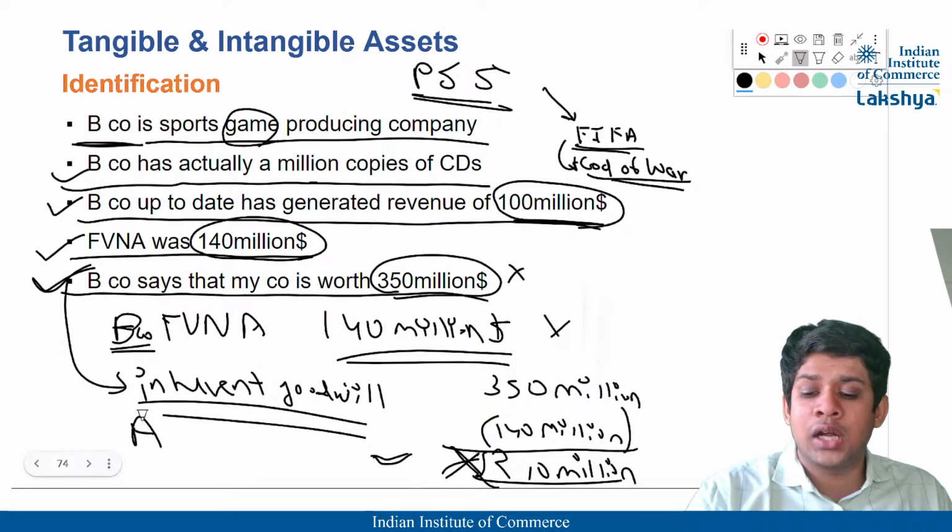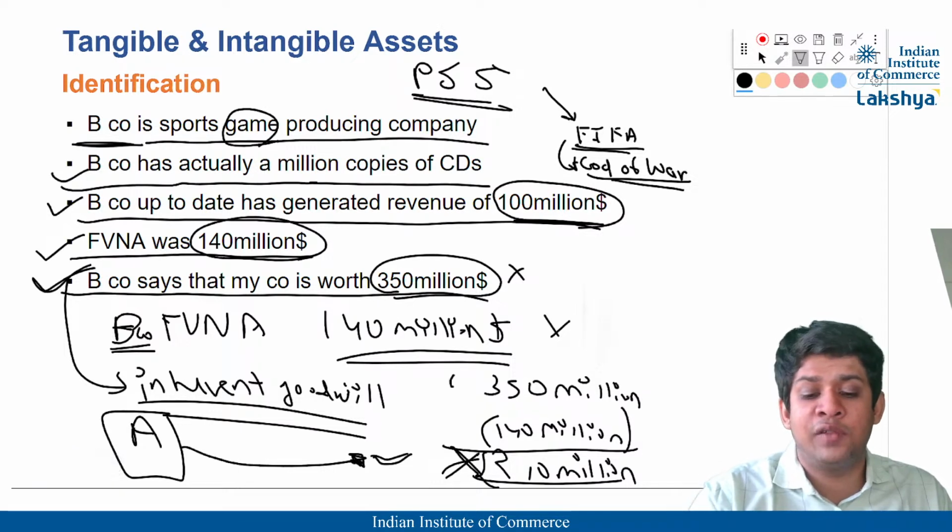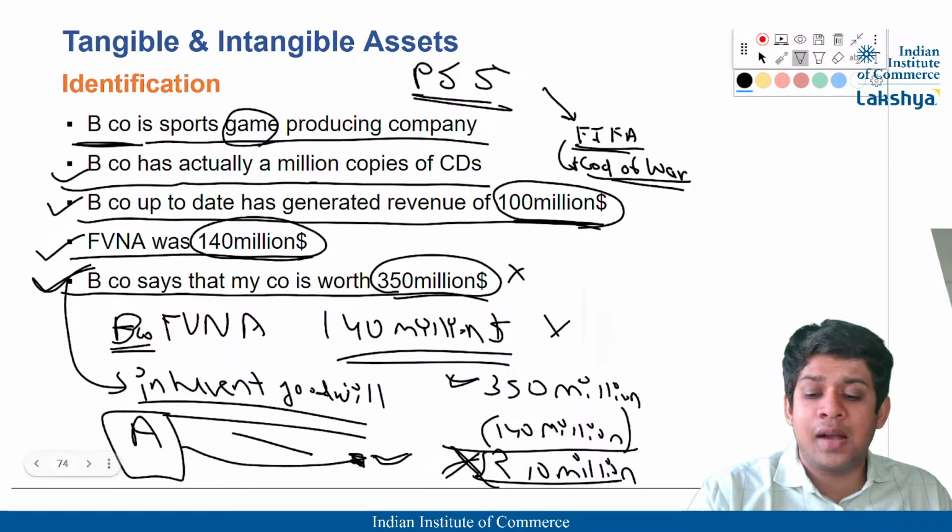Until and unless another company comes into existence, maybe say A company comes into existence, A company purchases that company at $350 million. A company will recognize the additional amount paid, that is 210 million, as its purchased goodwill. Then that purchased goodwill is going to be recognized.